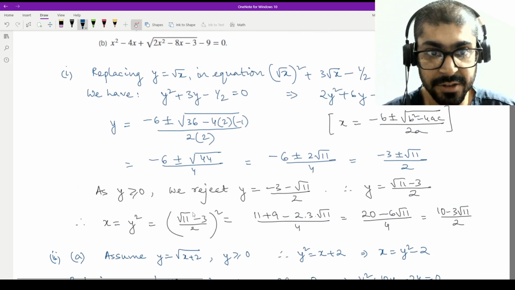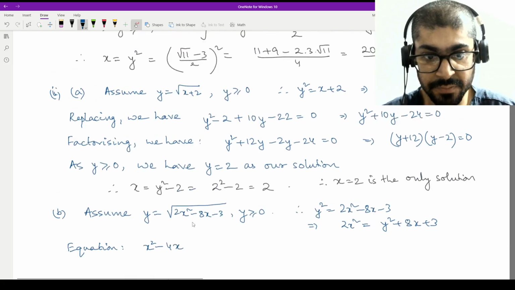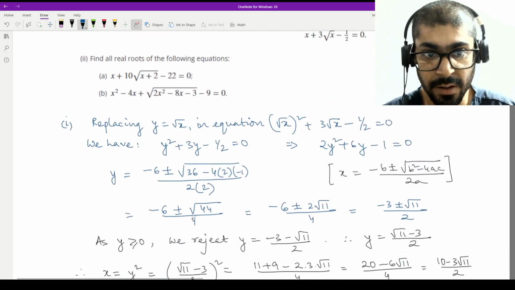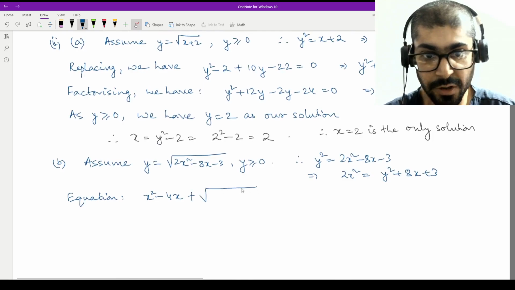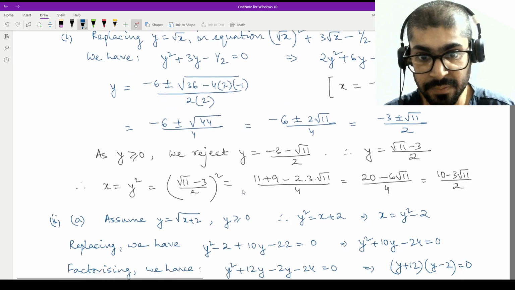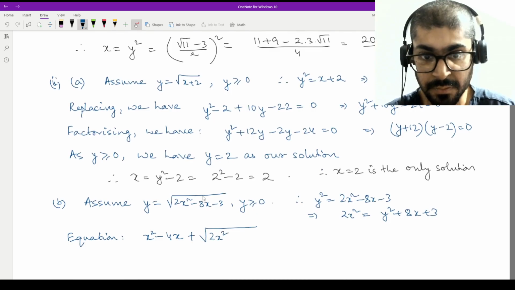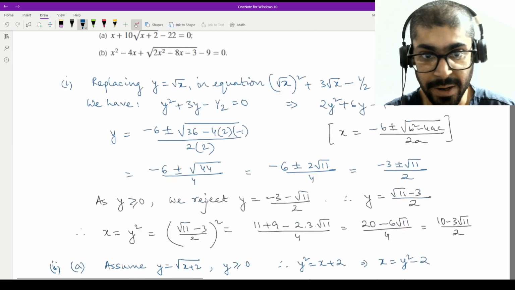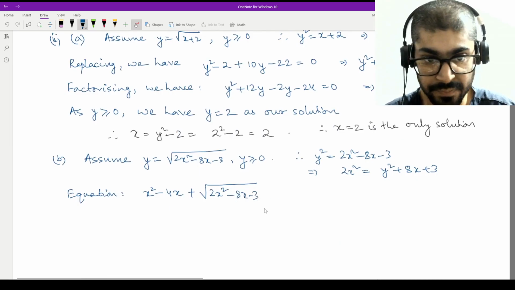That is x square minus 4x plus root over of 2x square minus 8x minus 3.